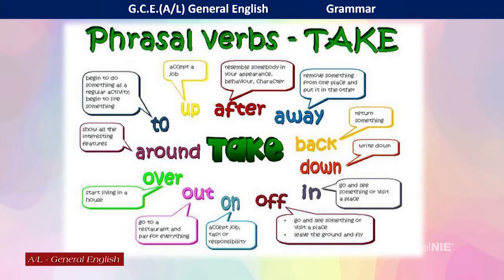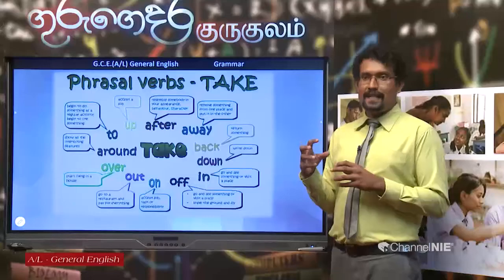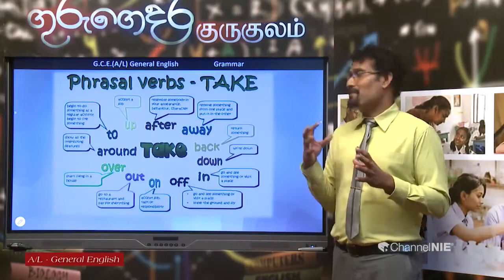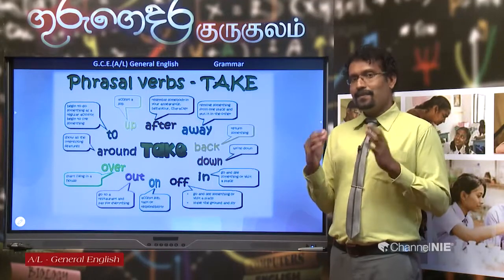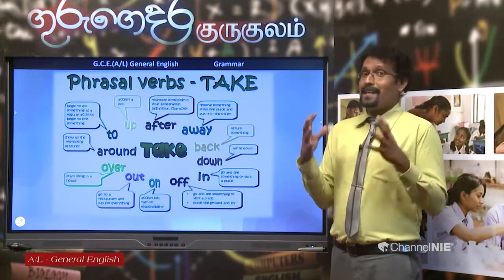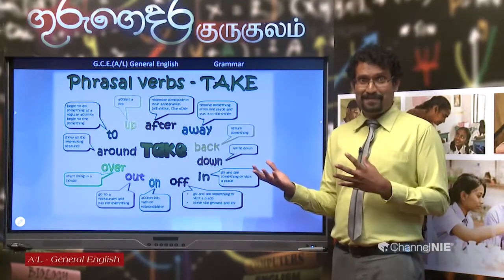Take around, show all the interesting features. Take to, begin to do something as a regular activity, begin to like something. So, you can see we can take one verb and use different kinds of prepositions to make different kinds of phrasal verbs to give different kinds of meanings.